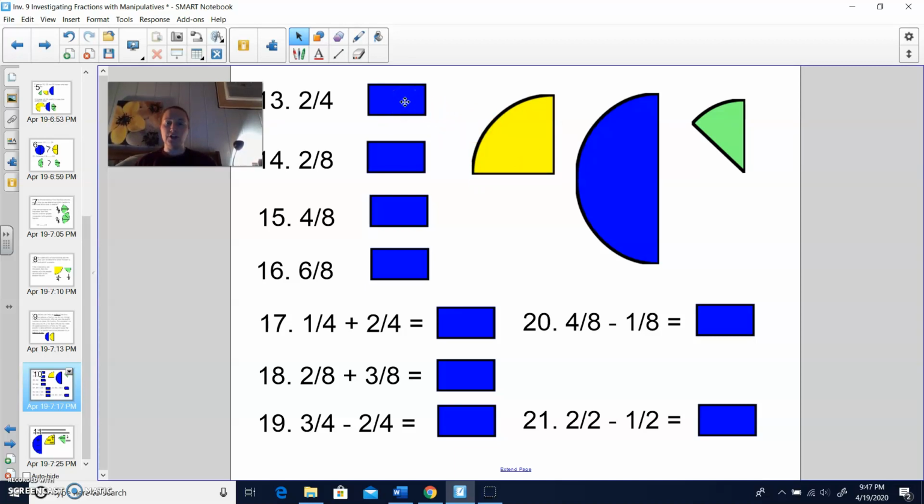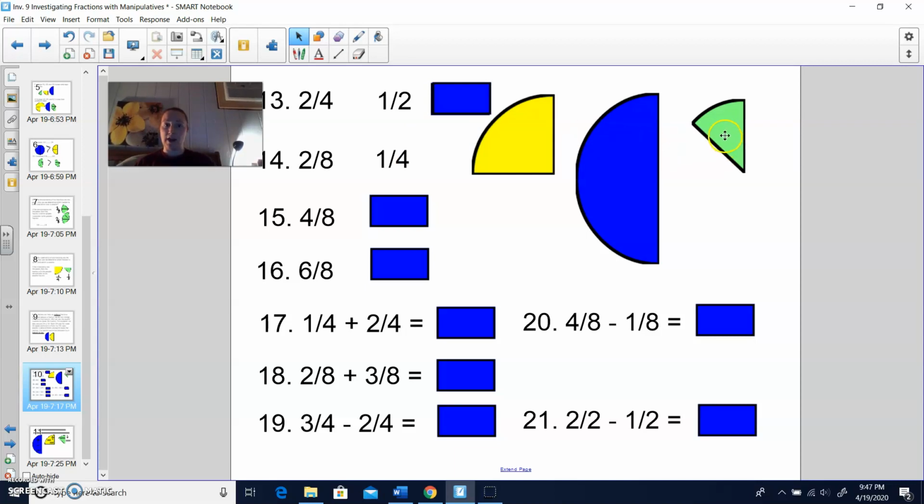Okay, so reducing that fraction, I can say 2/4, a smaller fraction would be 1/2. Same amount, but that's the simplified version. Okay, if I have 2/8, that would be the same as having 1/4.